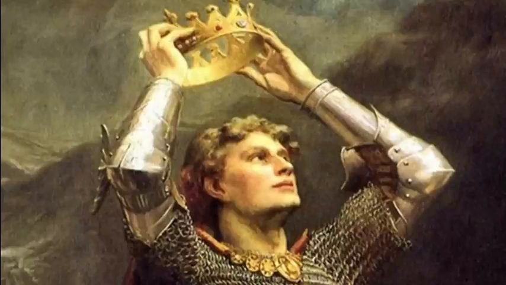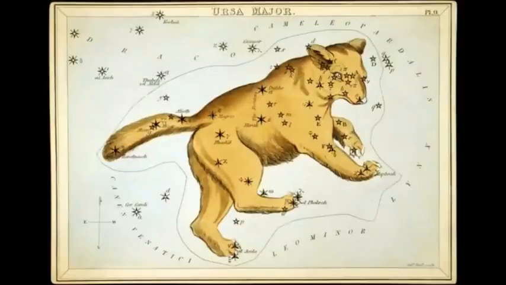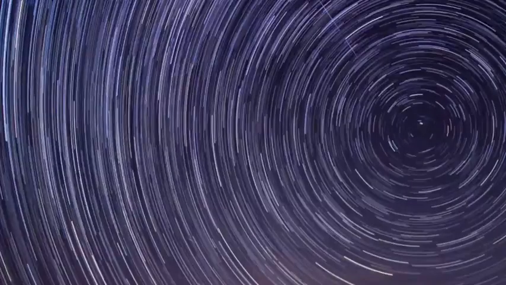Through Celtic mythology, King Arthur became associated with the North constellation, the Great Bear, otherwise known as Ursa Major. By Sir Walter Scott's day, King Arthur had become firmly associated with the Pole Star, or Polaris.